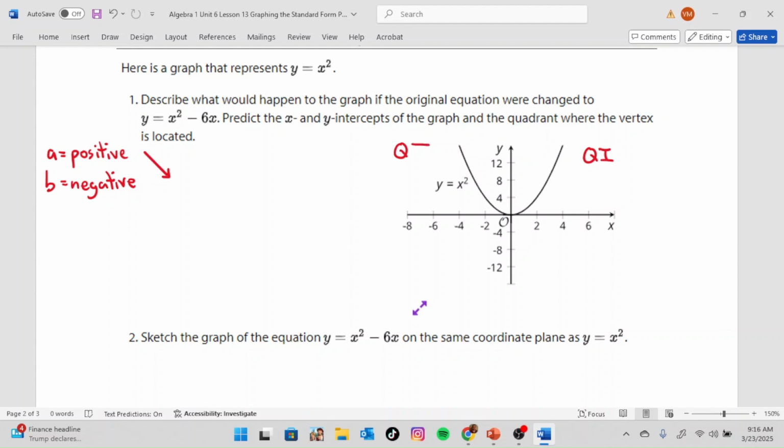Then we go counterclockwise. So this is quadrant 2. The bottom left would be quadrant 3. And finally, the bottom right would be quadrant 4. So if we're going to shift down and right, it should be in quadrant 4.